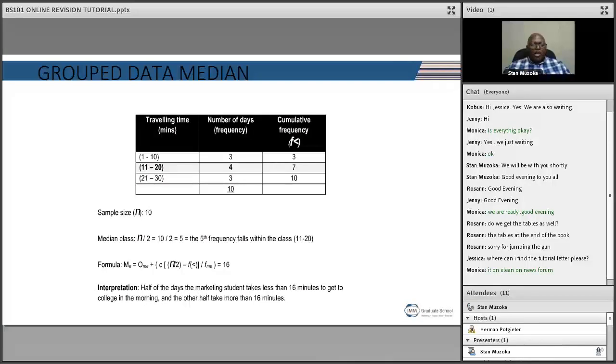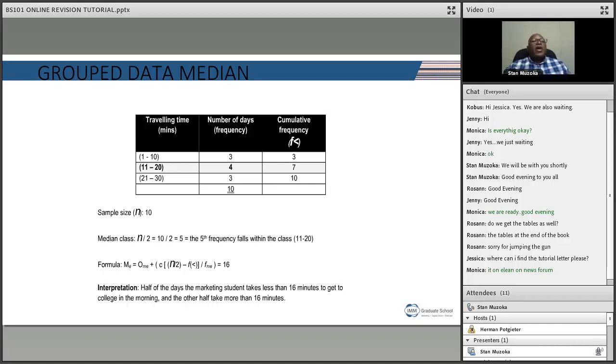Because if you say 10 over 2 is equal to the 5th position, the value in the 5th position is not the median. And then the textbook tells you a story: you take this and you do that, and then you take this and you do that. The story is very long. However, if you are very comfortable with that method, it's fine.